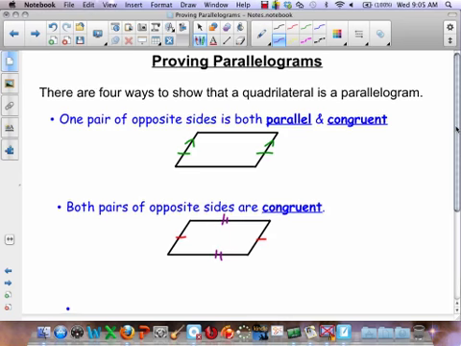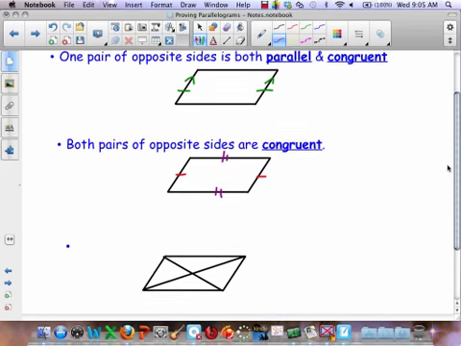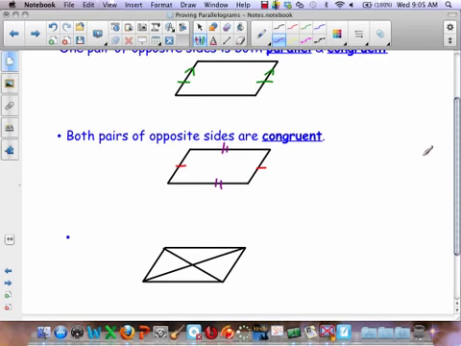A third way, but you guys can guess what this one's going to be. What do you think this one's going to involve? Diagonals. So what do you think we're going to be looking at with the diagonals?